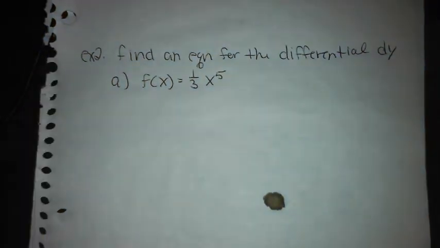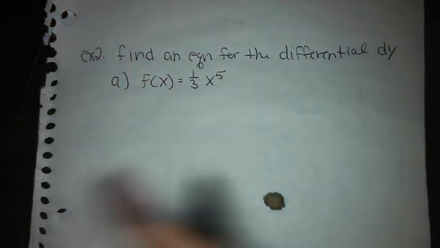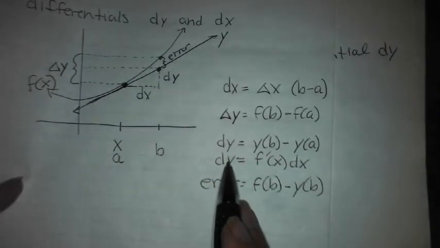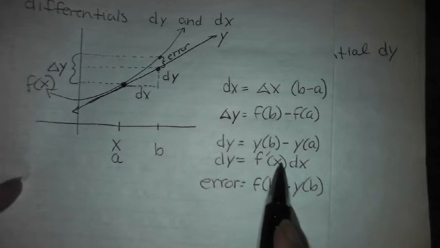Well, we're just going to use that calculus because we don't have the second point. We're going to be using the fact that the differential dy equals f prime of x times dx.